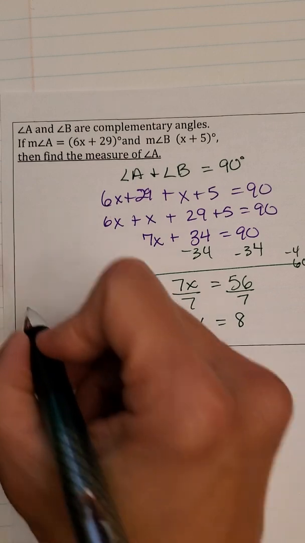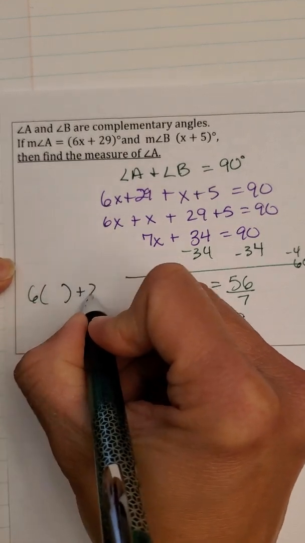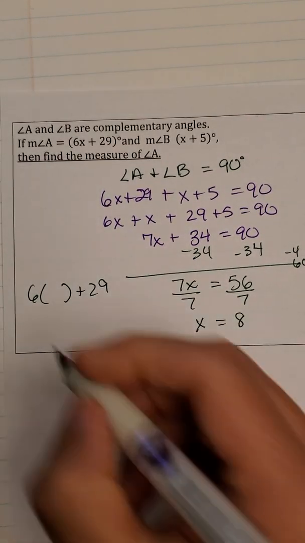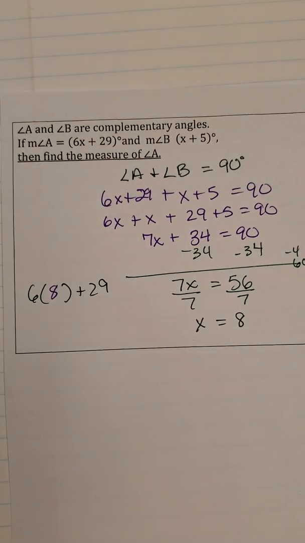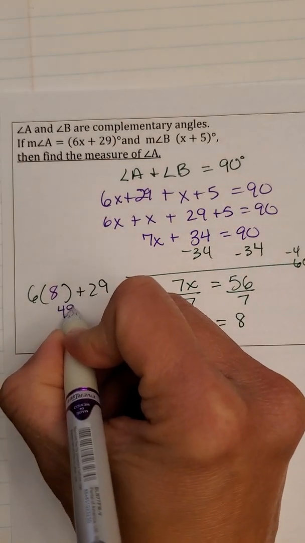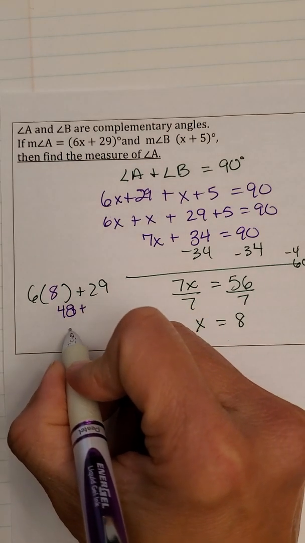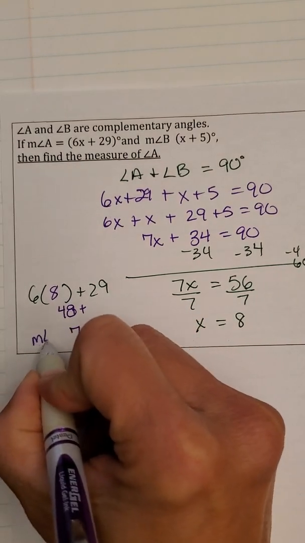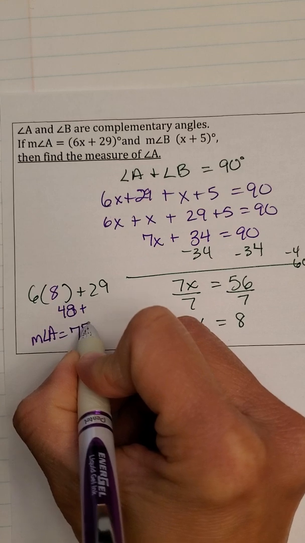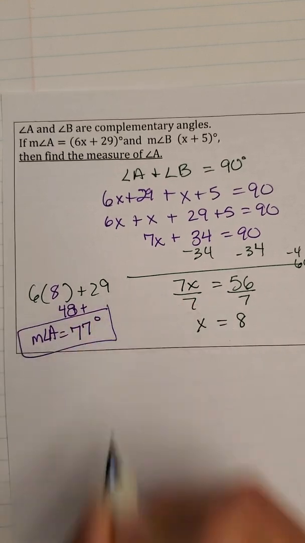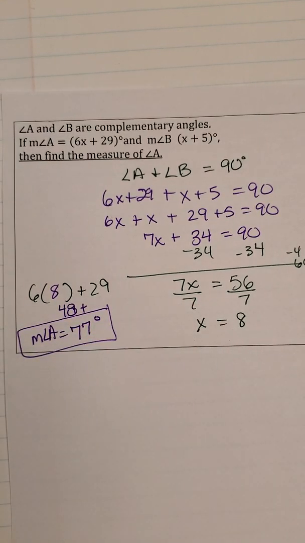So we're going to have 6 times 8 plus 29. That's what angle A is going to be. 6 times 8 is 48. 48 plus 29 is going to be 77. So my measure of angle A is going to equal 77 degrees. And that would be my final answer.